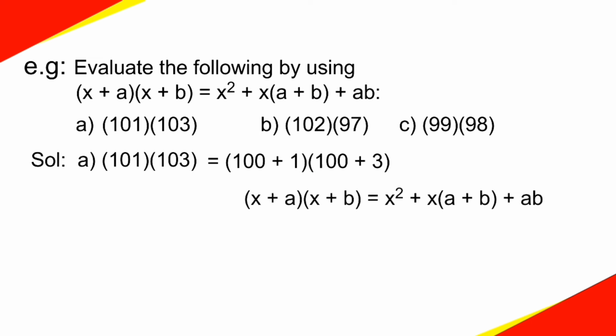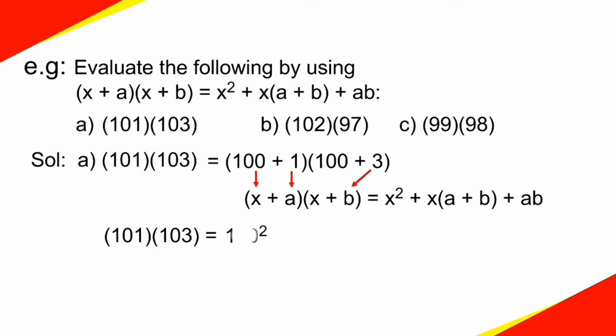Very good. It belongs to one of the formulas, that is x plus a into x plus b is equal to x square plus x into a plus b plus ab. Can you compare it? x is equal to 100, a is equal to 1 and b is equal to 3. Now substitute in the formula.